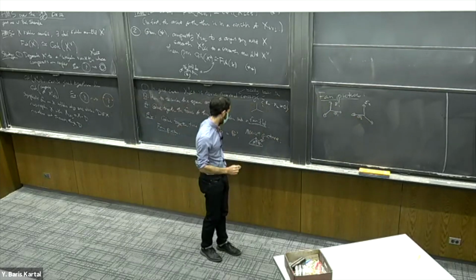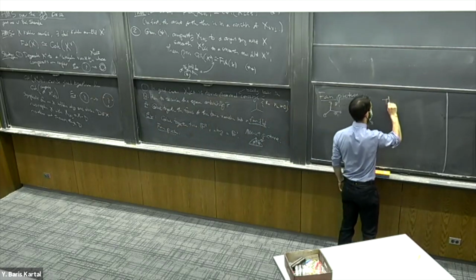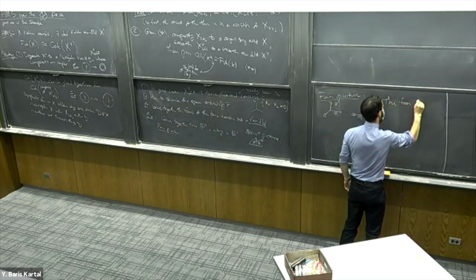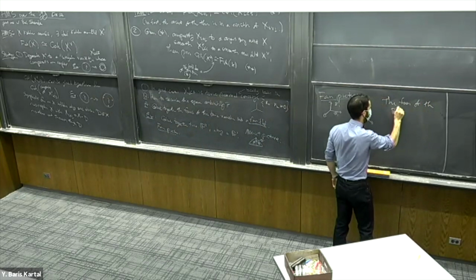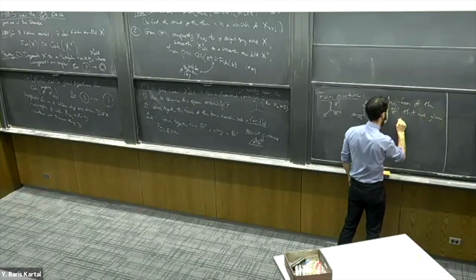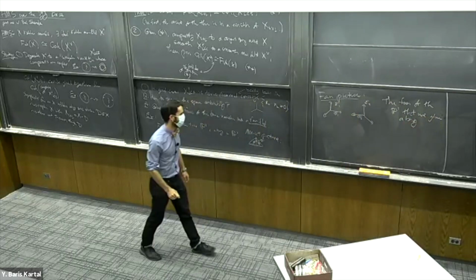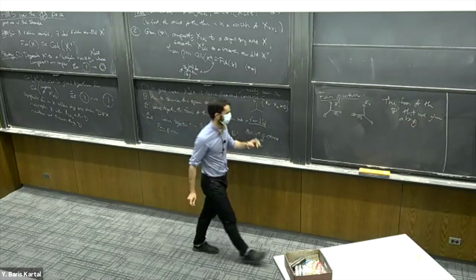And so the fan of the P1 that we glue along is, if you know your toric geometry, or if you stare at this picture, the quotient fan.